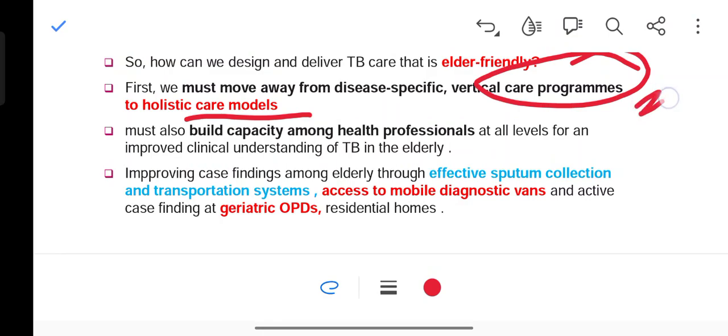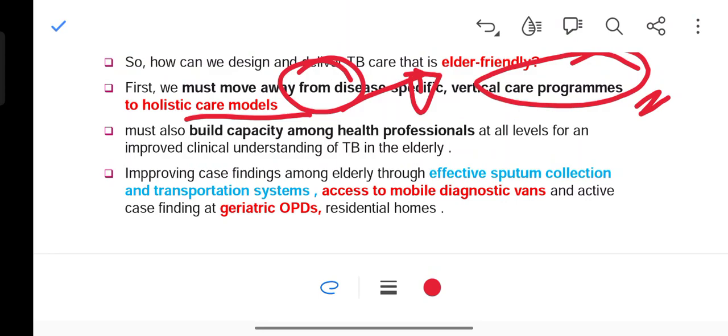We have to understand all that, so that the elderly do not have to go to different hospitals and different healthcare centers. They should have services at a single location.